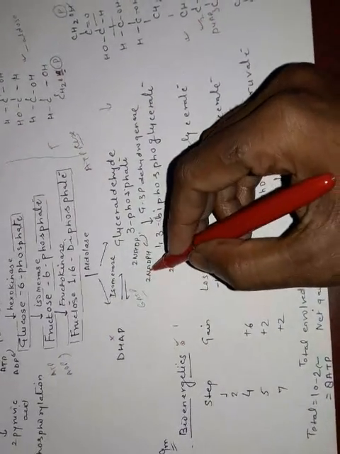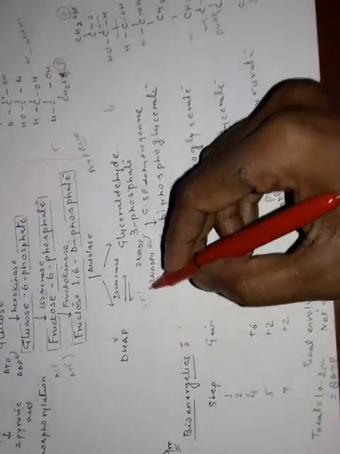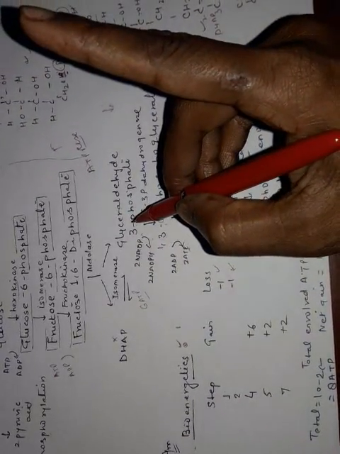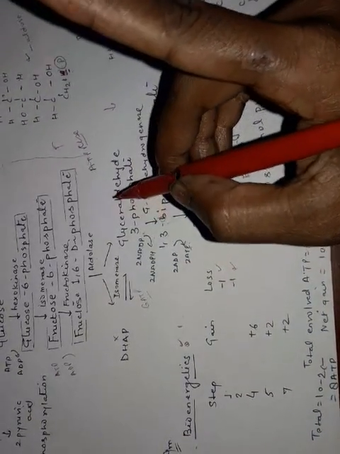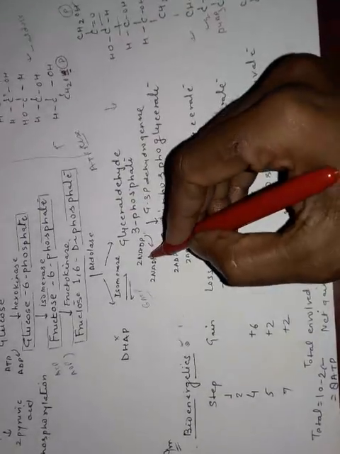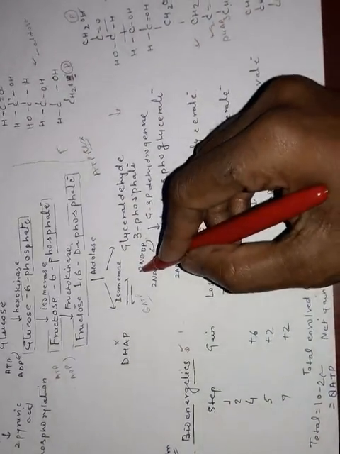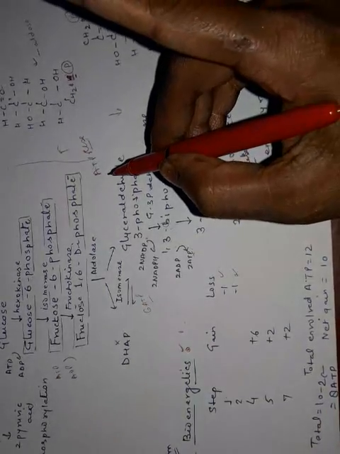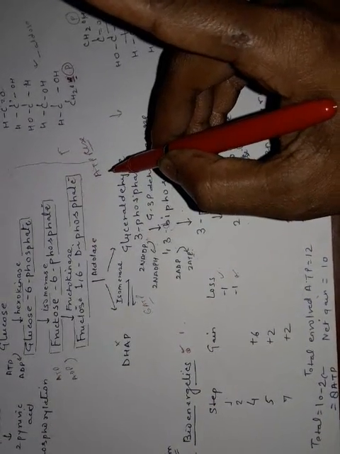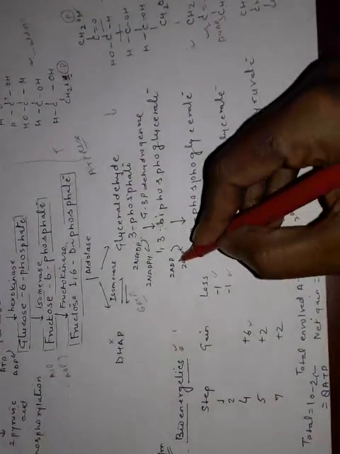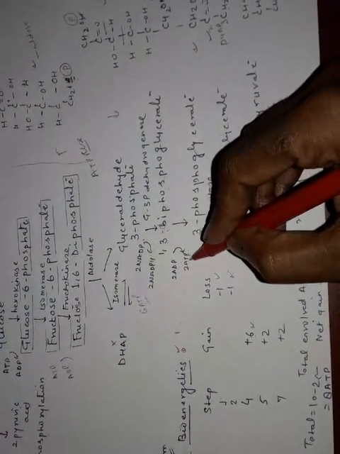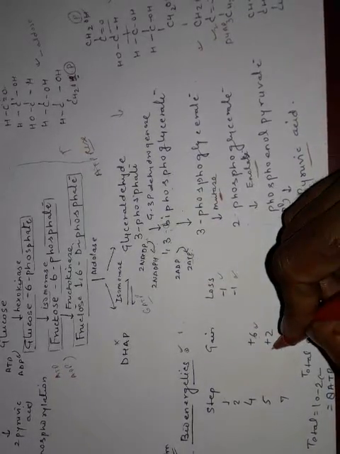I have also said that 1 NADH releases 3 ATP molecules. So here, since 2 NAD are converted to NADH, and 1 NADH gives 3 ATP, 2 NADH give 6 ATP, so I have attached 6 ATP. In the fifth step, 2 ADP are converted to ATP, so I have attached 2 ATP formation.